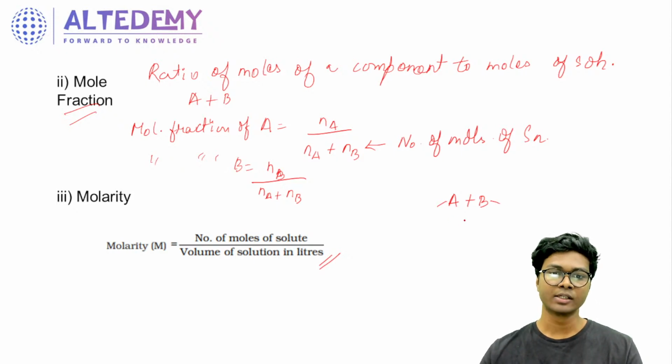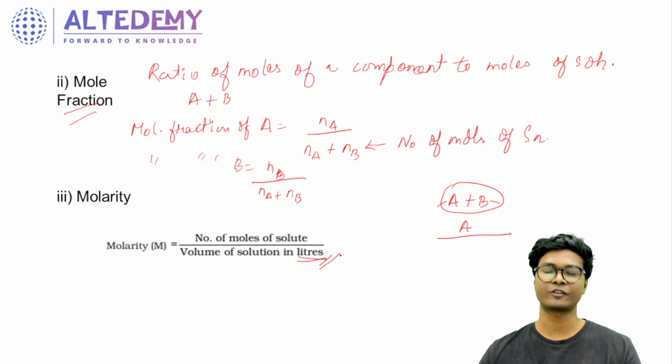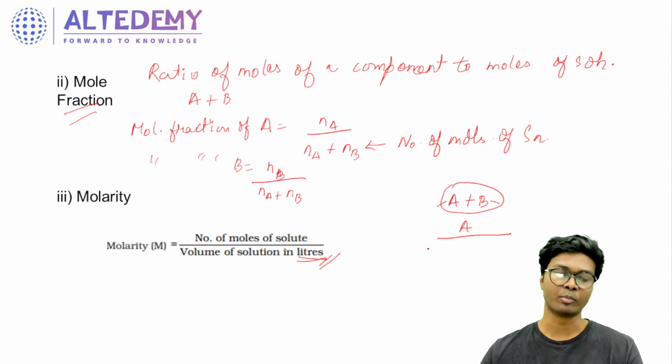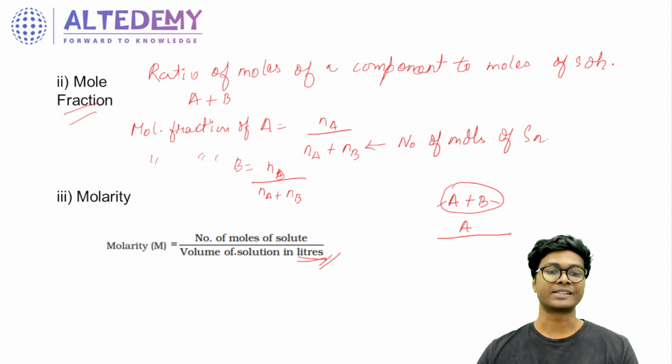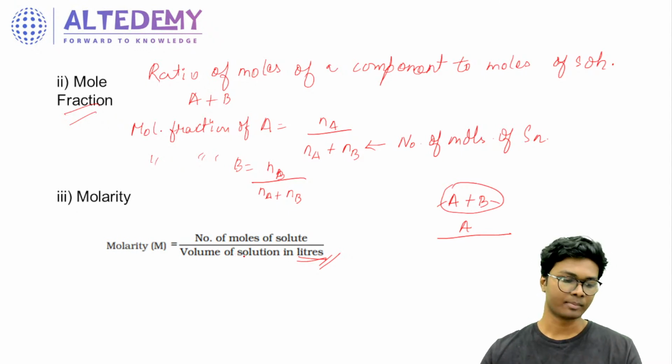Molarity is the number of moles of solute by the volume of solution in liters. This is important, you have to understand that the volume is in liters always. If it is in liters, then only it is molarity. So the number of moles of solute present per volume of solution in liters is molarity.